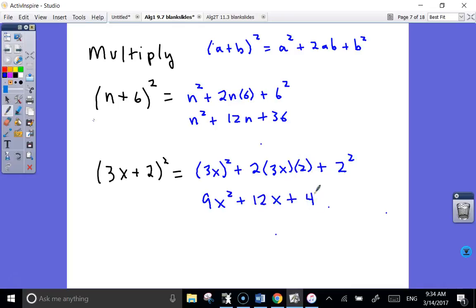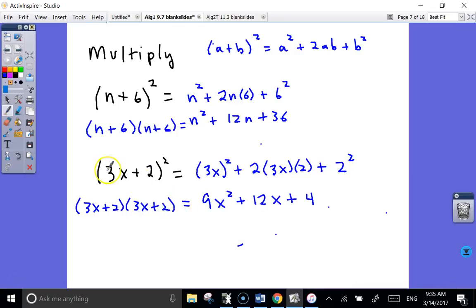Now, you could have gotten that without remembering the formula. You could have just said n plus 6 times n plus 6, and you would have got the same thing. You could have just said 3x plus 2 times 3x plus 2. You could FOIL them, and you get it.